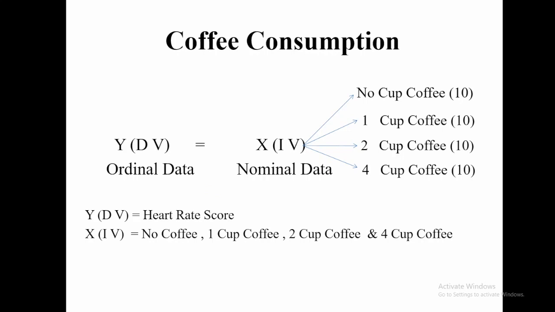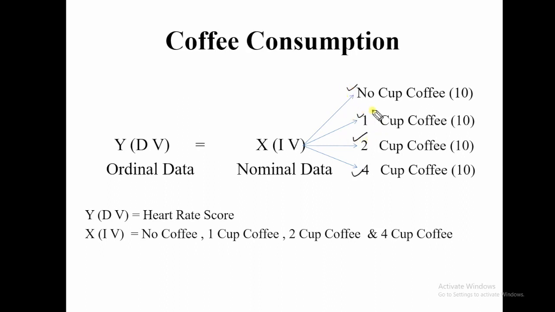Here we have divided into 4 categories: 10 people with no coffee per day, 10 people with 1 cup of coffee per day, 10 people with 2 cups per day, and another 10 people with 4 cups per day.